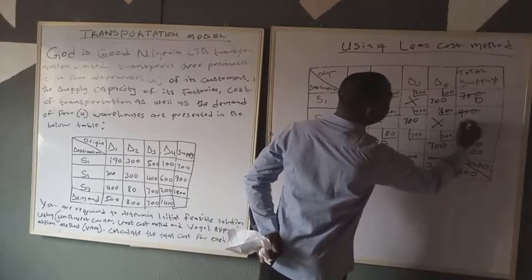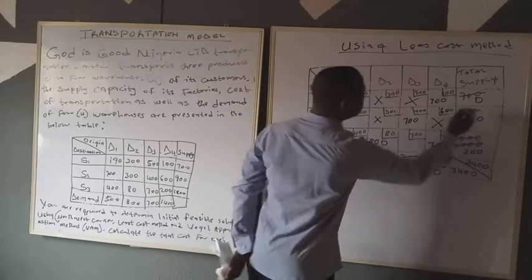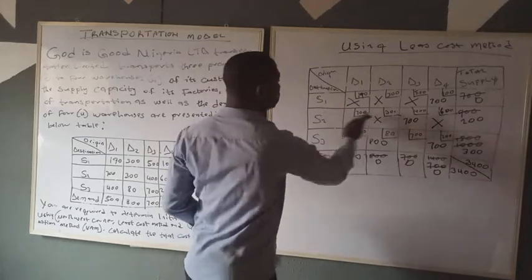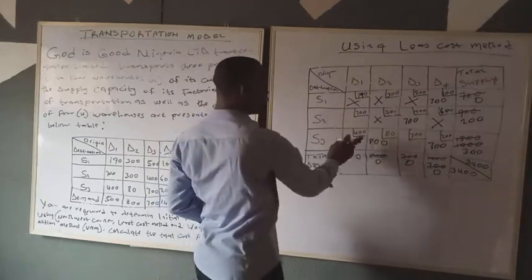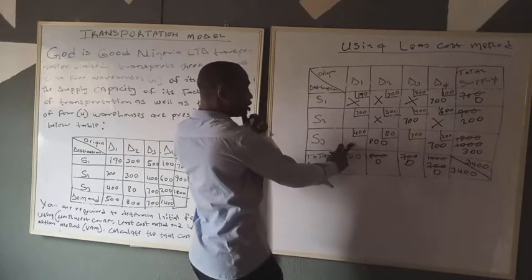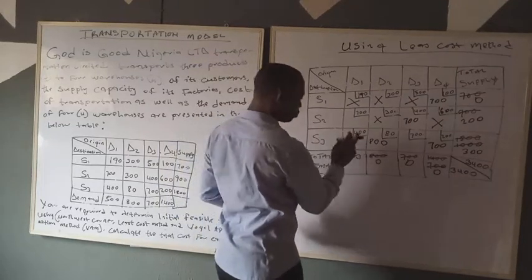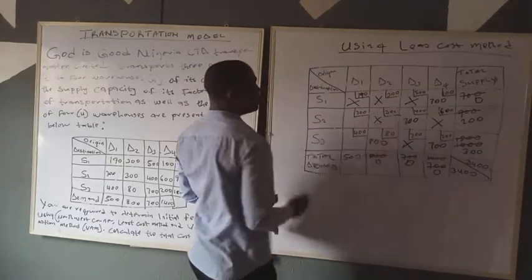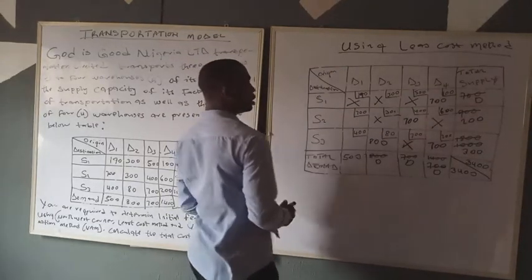Then supply 2 still has 200 of products. Then the lowest cost again is 400, right? Demand 3 has no demand again.